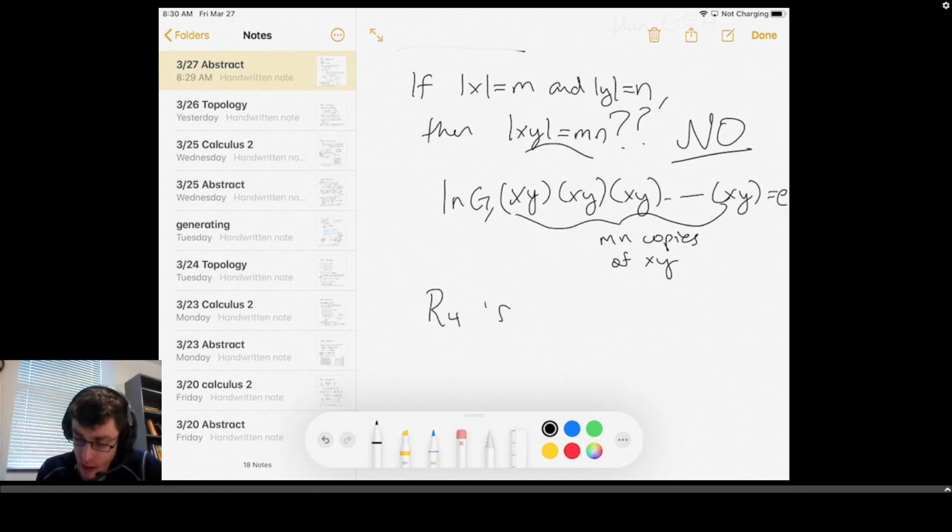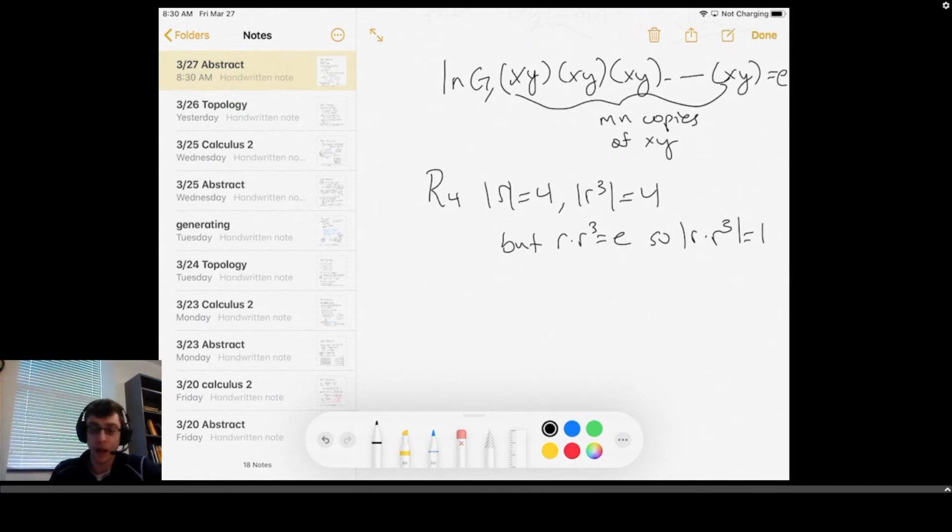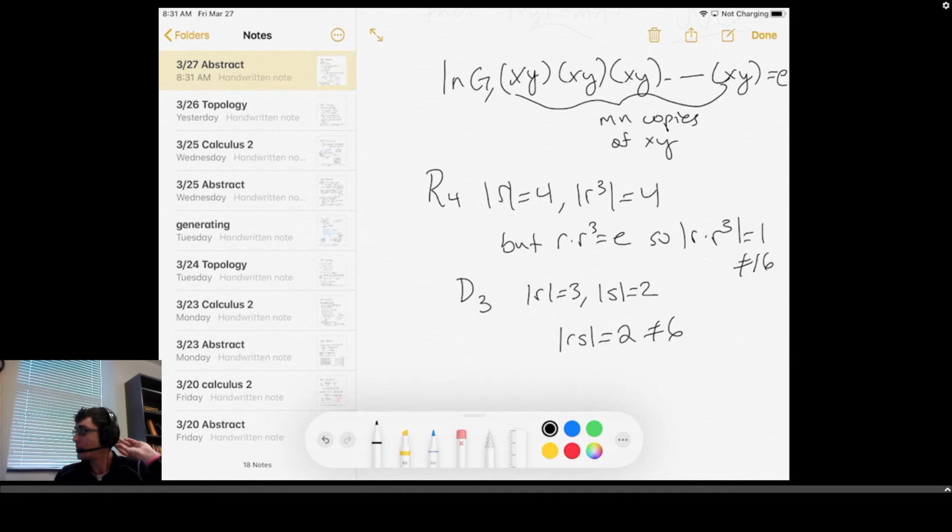Both are generators, but R times R cubed is E, so the order of the product is 1. There are probably many others. I thought of D3: the order of R is 3, the order of S is 2, and the order of RS is also 2, since it's still a reflection. So that's definitely not 6. V4, the product of 2 reflections, is still a reflection, like your V and H. Z12, yeah, so lots of examples.